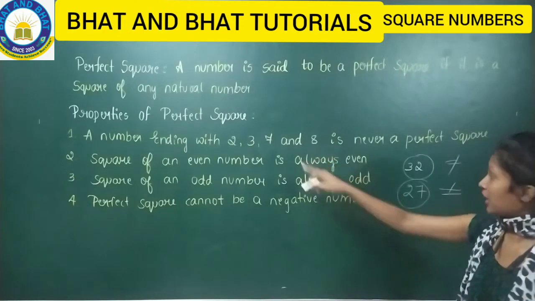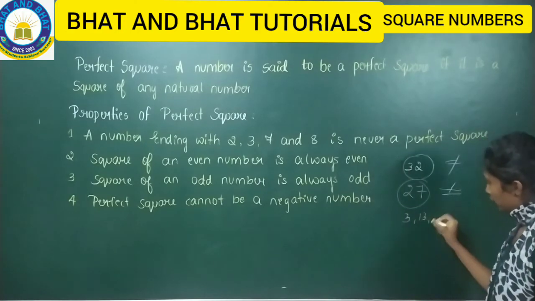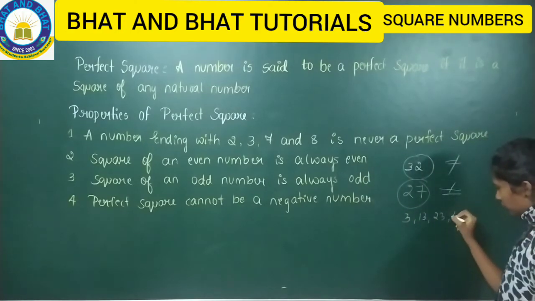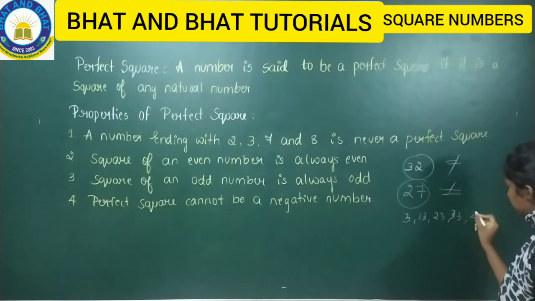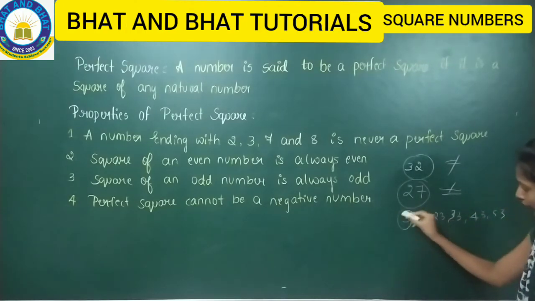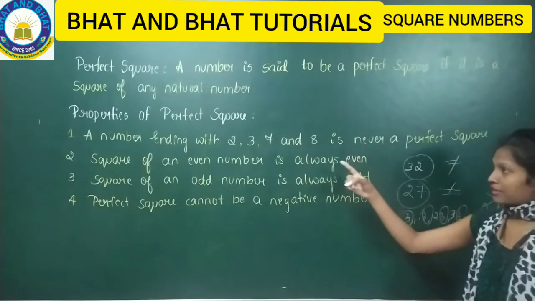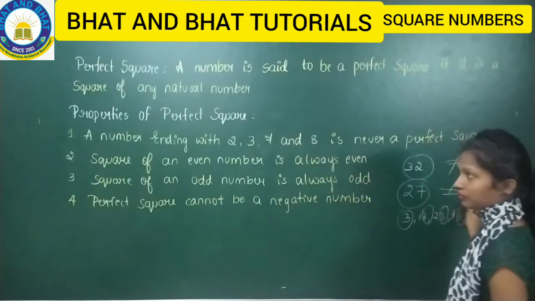In the same way 3, so it can be like 3, 13, 23, 33, 43, 53, like that. Any number which is going to end with 3, we are not going to call a perfect square. In the same way 7, which we have discussed.